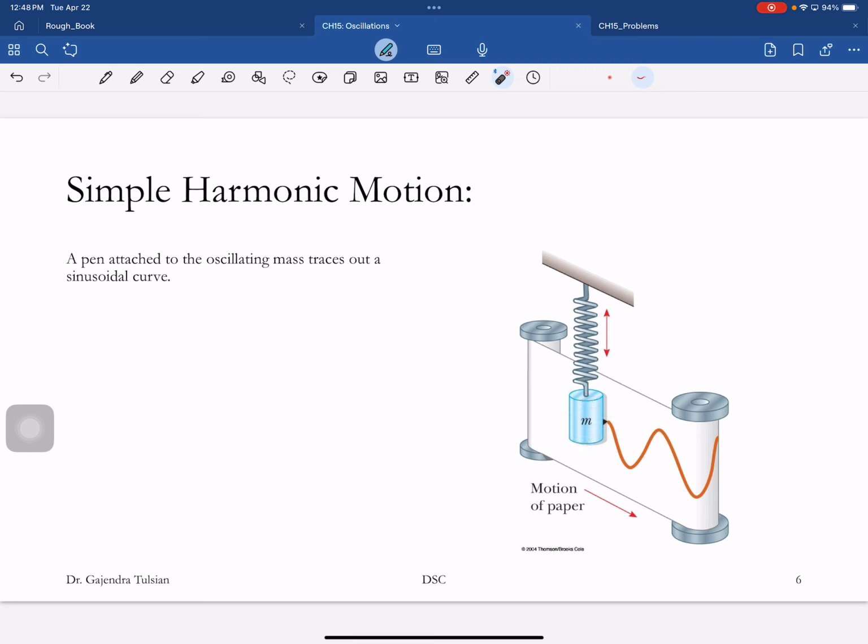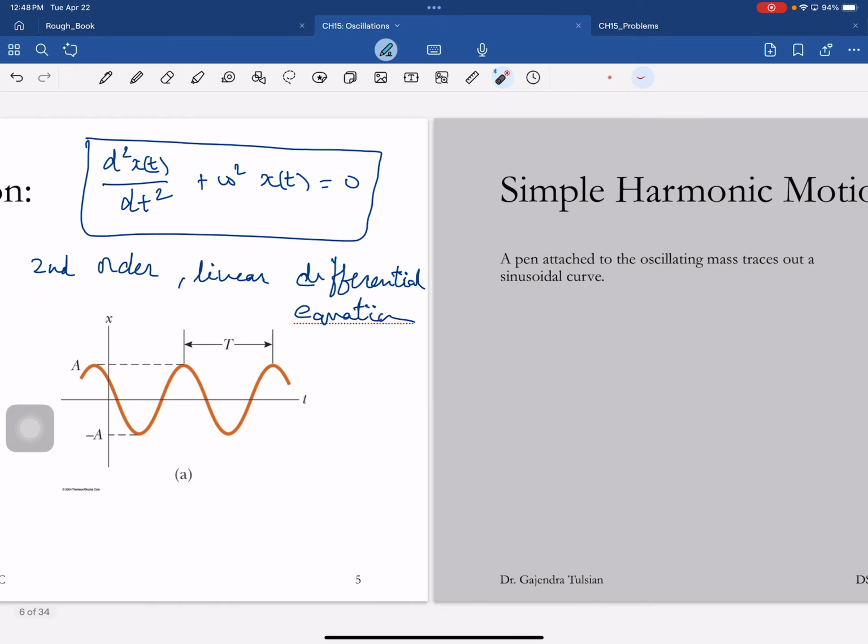And the way we will simulate time is we'll get a paper scrolling at constant speed. That will simulate time. Okay? And x is being measured in this direction. We'll set this in oscillation. And what you'll find is you'll get a sine cosine curve. Okay? So the real world indeed behaves like that.